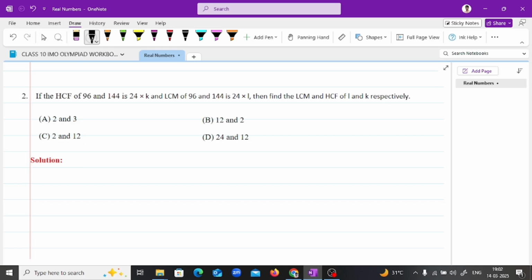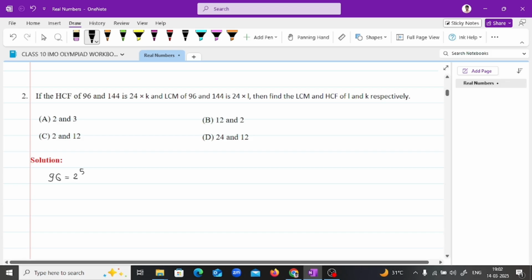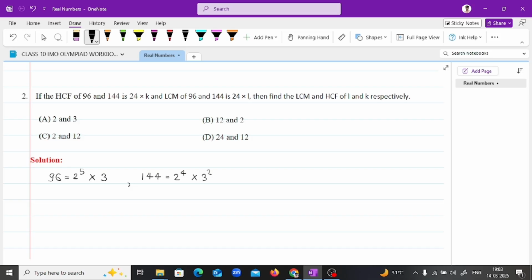The prime factorization of 96 can be expressed as 2 into 2 into 2 into 2 into 2, which means 2 raised to 5 into 3. You can verify it later. And we can express 144 as 2 raised to 4 into 3 square. So these are the prime factorizations of 96 and 144.